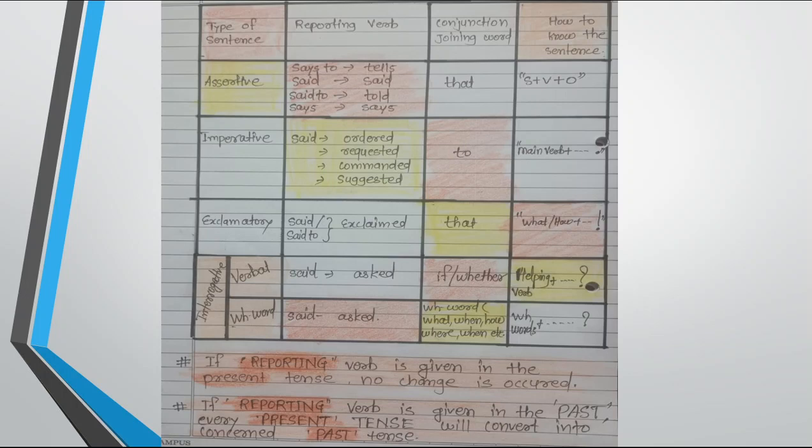Now we have discussed which is the reporting and which is the reported sentence. Now I'm talking about the reporting sentence. In the reporting sentence, if the reporting verb is given in the present tense, no change occurs in the tense of the reported speech.